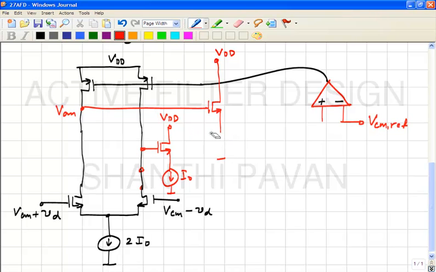So what would I need to do now? Connect resistance between which 2 points? Source to source. Okay. Now let's see what problems this brings.